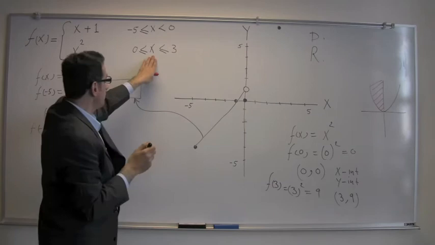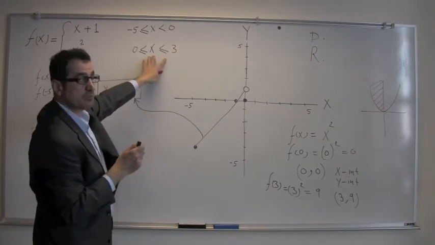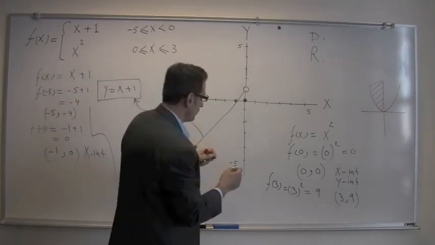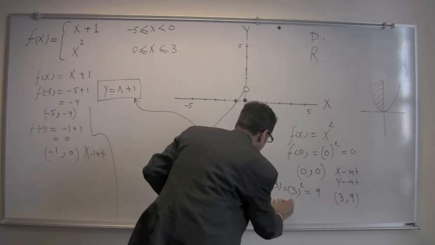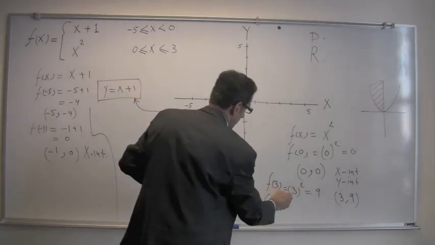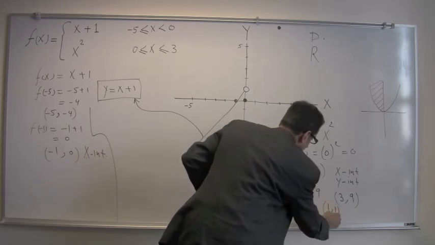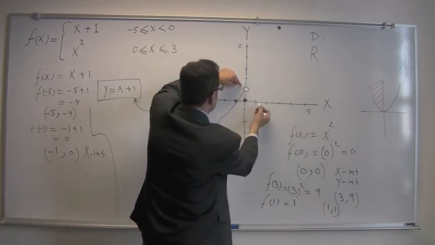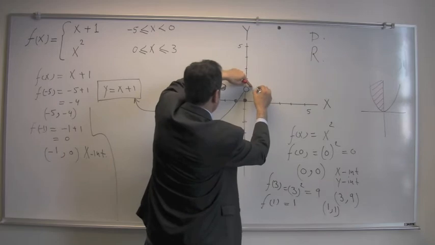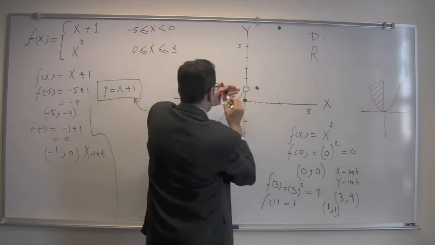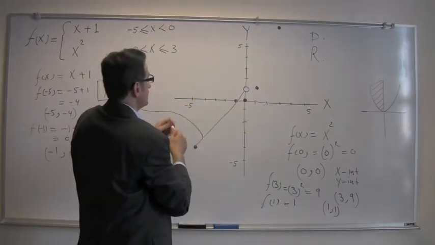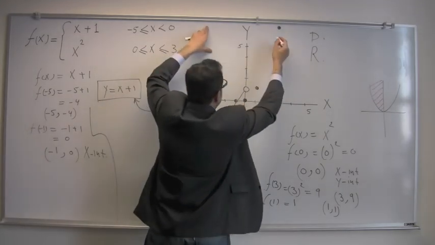So let's plot another point between 0 and 3. I will pick 1. While x is equal to 1, f of 1, y is equal to 1. So I got another point, 1 and 1, on the graph. I'm going to graph this function using a red color.